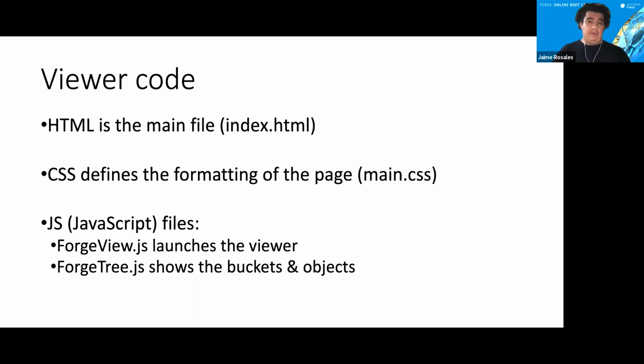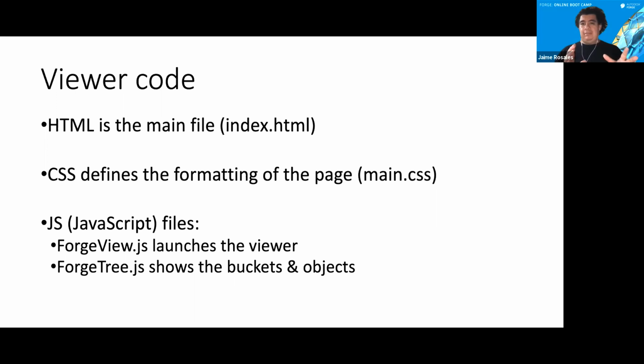So first, we're going to be working on the HTML, which is going to be the main file, so the index.html, that whenever our Express server refers to it, it's going to be displayed on the screen itself. We need some CSS to do the formatting of the page.